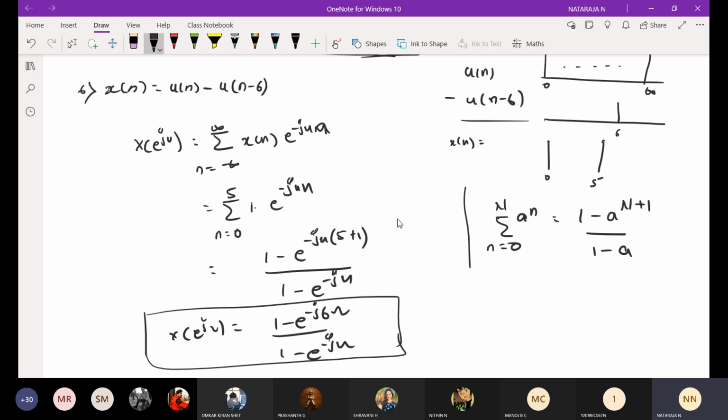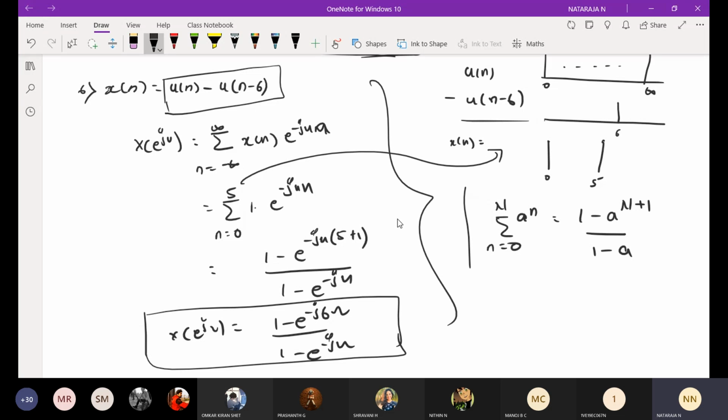It's very simple. If they ask this problem for 8 marks, you have to sketch the signal also and show how you get these limits. If it is only for 4 or 6 marks, you can do this much, it's enough. But if they ask for 8 marks, you have to show this graphical representation of how you get the limits.